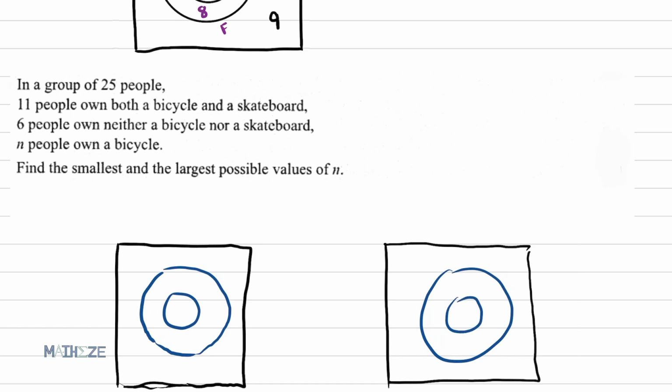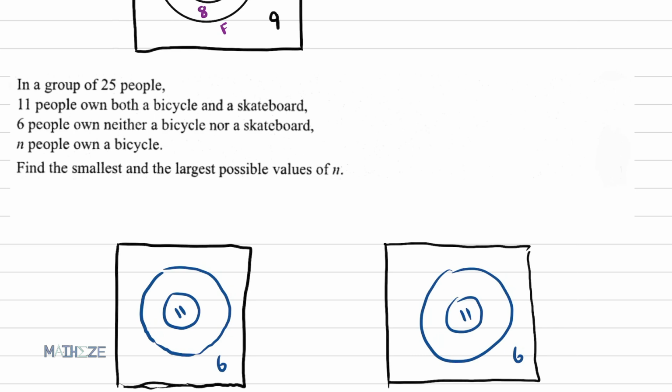Now the question told us that 11 people own both a bicycle and a skateboard. So in the middle, it's going to be 11. 6 people own neither a bicycle nor a skateboard. 6 will come outside. Now, do you know that the number of people owning a bicycle were less than skateboard or more? You don't know that.